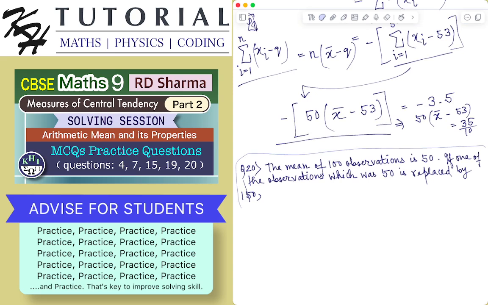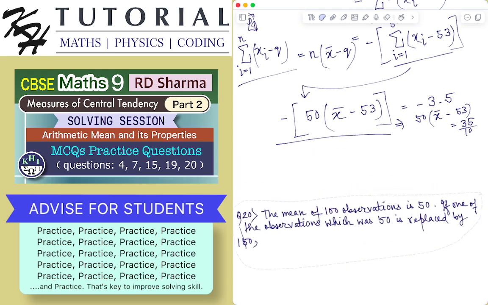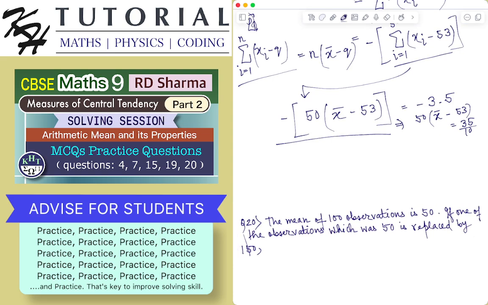If I do cross multiplication, I have 500 multiplied by x bar minus 53 is equal to 35.